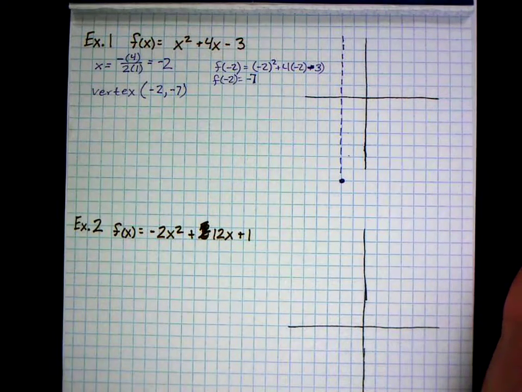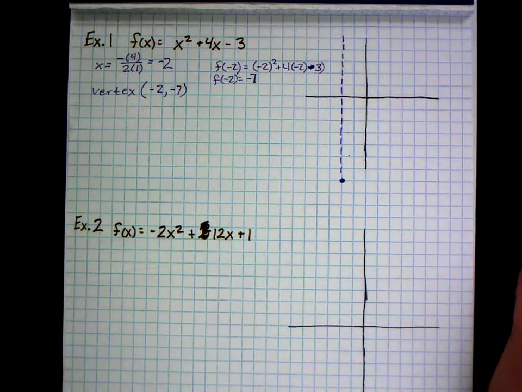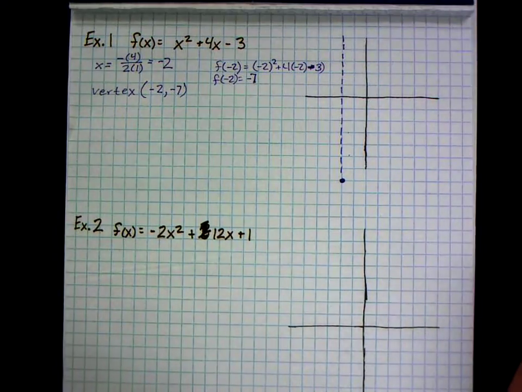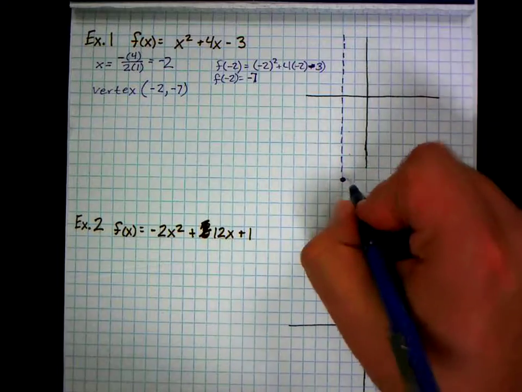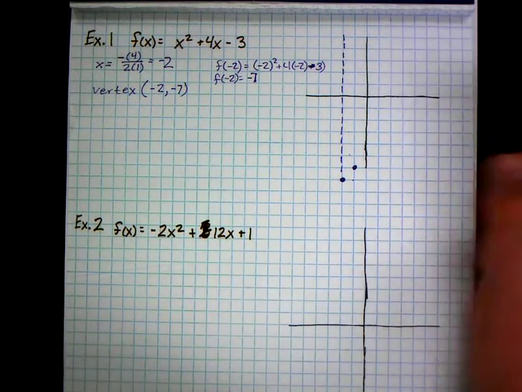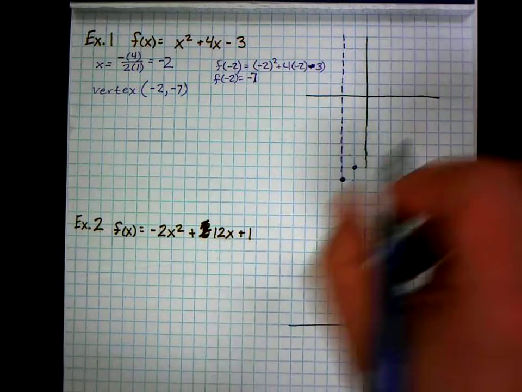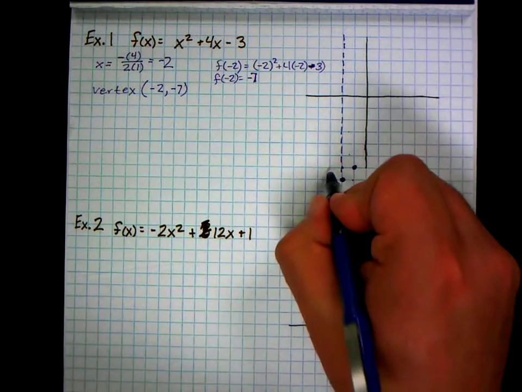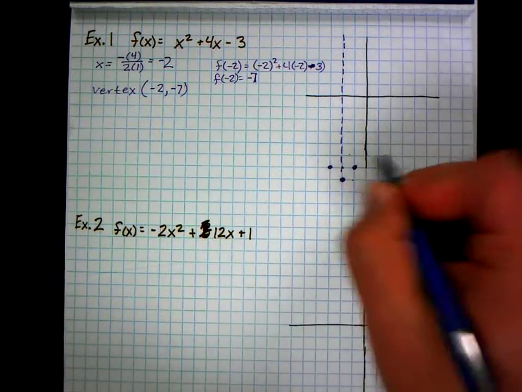Now, you can either plug in another point or you can use your a value. Just to make it quicker, I'm just going to use my a value. So my a value is 1. That means I can go over 1, up 1. Use my symmetry. Since I'm 1 over from my line of symmetry, I go over 1 to get my other point.